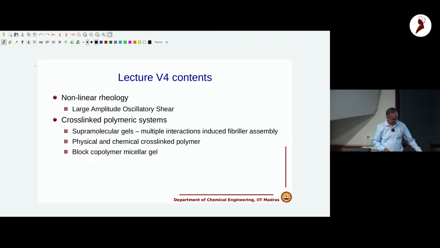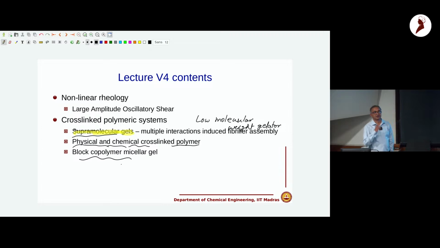One is a supramolecular gel, which is based on what's called a low molecular weight gelator. So it's an assembly of these small molecules which leads to a supramolecular gel. And then we have also looked at a polymer which gets cross-linked either due to ionic cross-links or due to chemical cross-links, and also Pluronic systems, the micelles which are based on block copolymers.